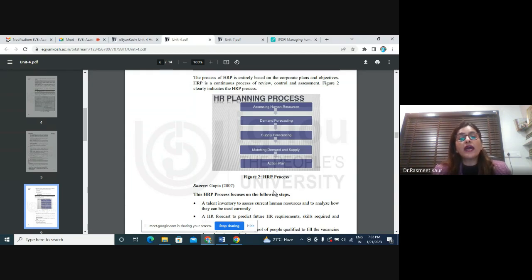So, if at industry level, that means externally outside the organization also, the supply is limited, what do we do? We are ready to hire a person on a higher salary, on a higher wage. Why? Because it is demanded and supply is limited. So you pay that particular labor more wages, higher salary.